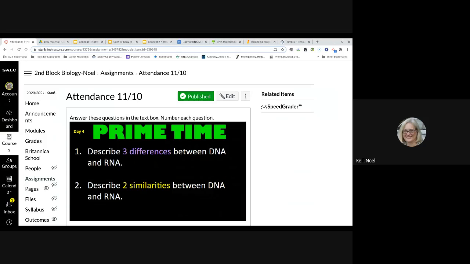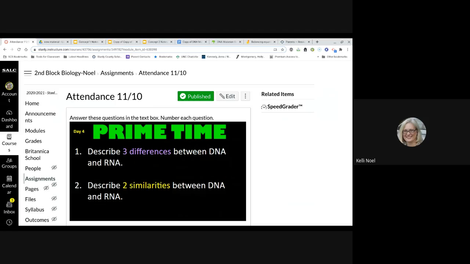And I guess for here, because we're doing differences, DNA has a T base, and RNA has a U, so these are differences. Number 2 is similarities, 2 things that are similar. So they both have A, C, and G bases.